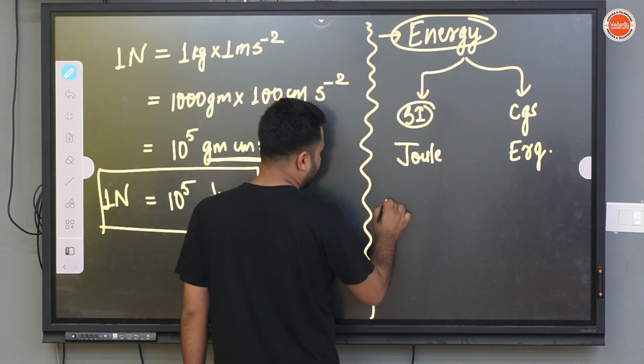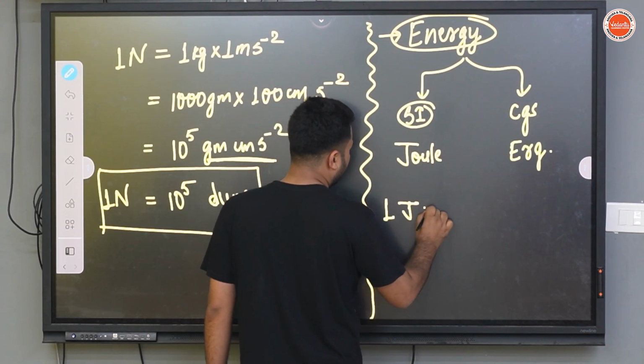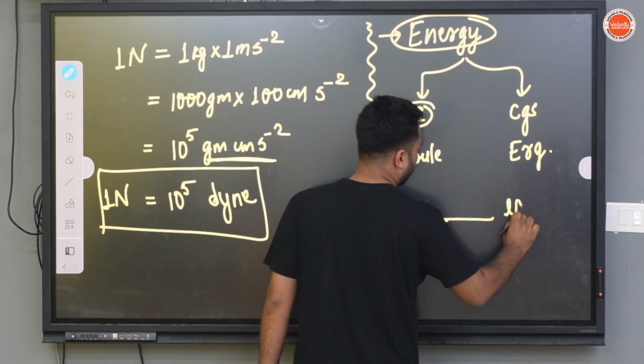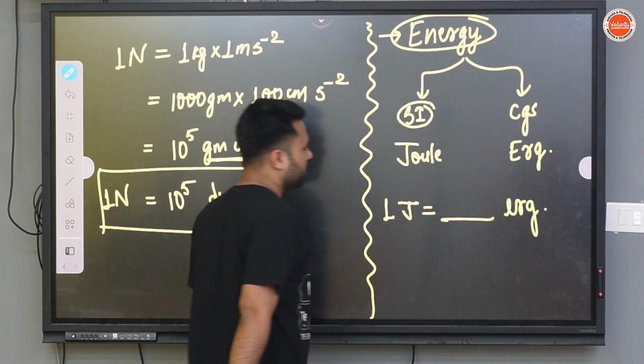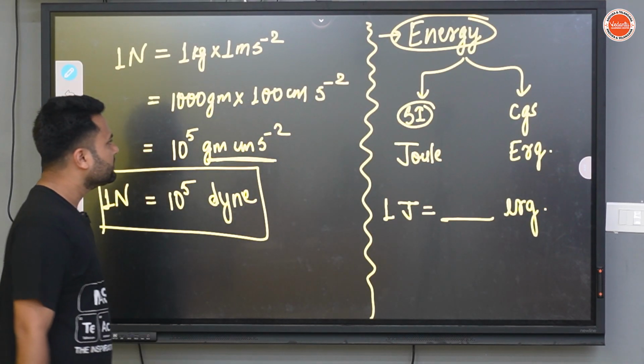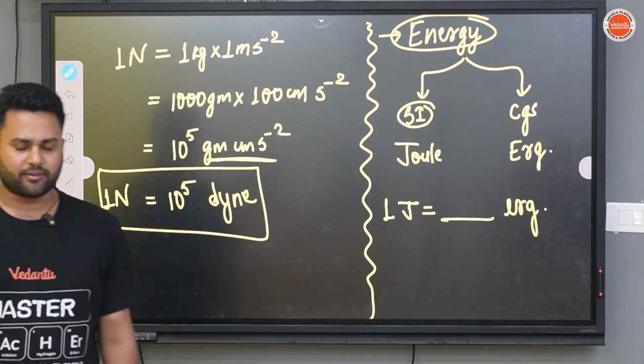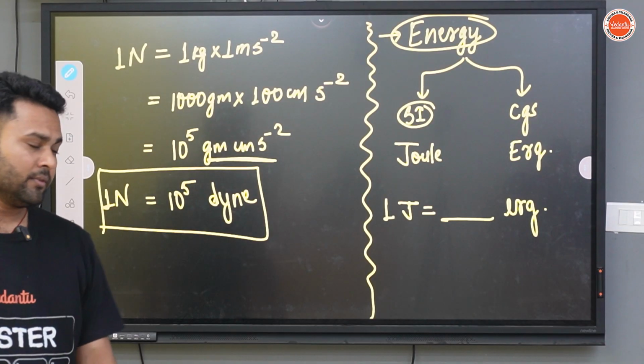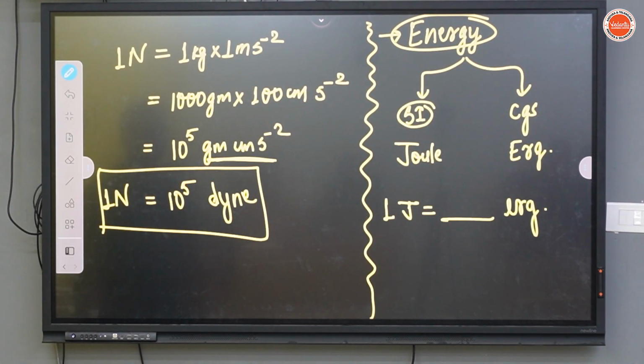Now they will ask: 1 joule equals to dash erg. Try to find out. 1 joule equals to dash erg. So erg is the CGS unit of energy.